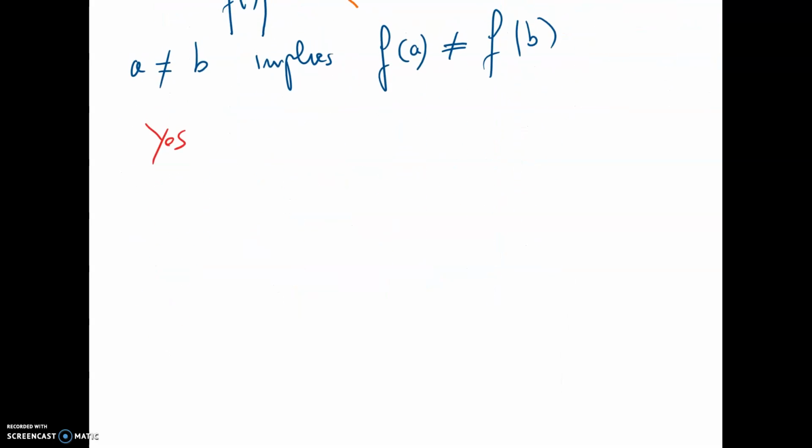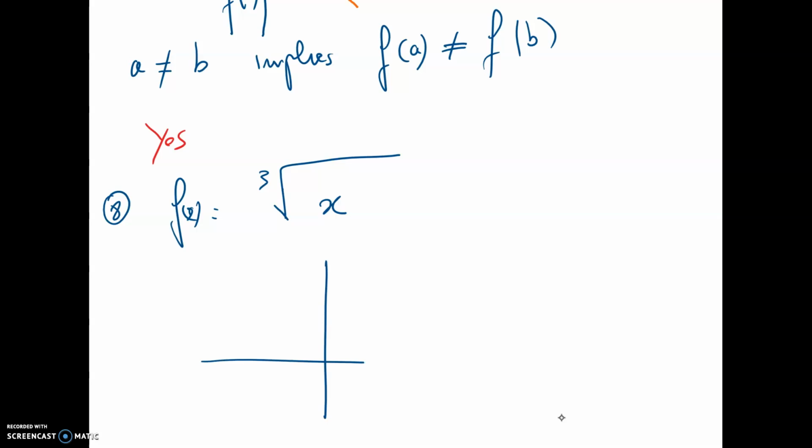Now, let's do problem number 8. On problem number 8, we have the function f of x equal the cubic root of x. So you are supposed to know the graph of the cubic root. As you know, the square root will be something like this, and the cubic root will end up having also this part.